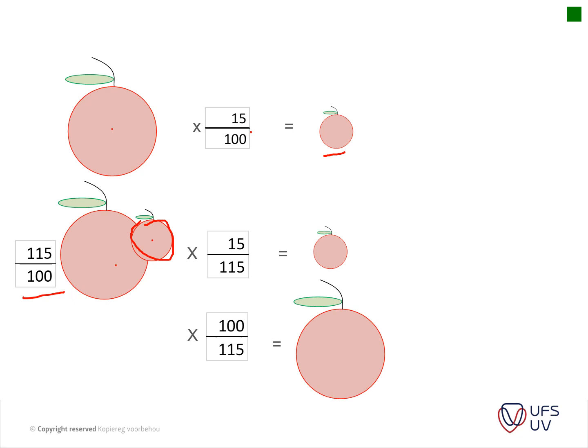So the easiest way is to use the total number, which is 115 here, and you want to take 15% out of it. Then you times that, and you get the full 15%, and then if you subtract this from this, you will get this.